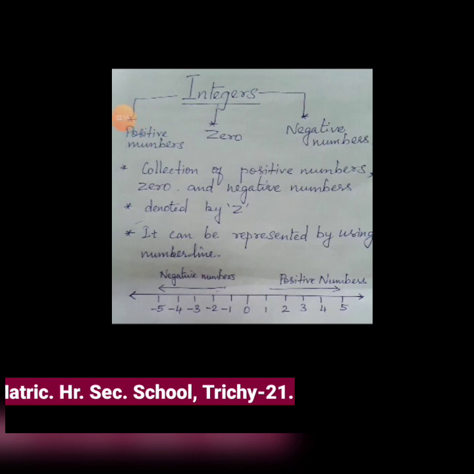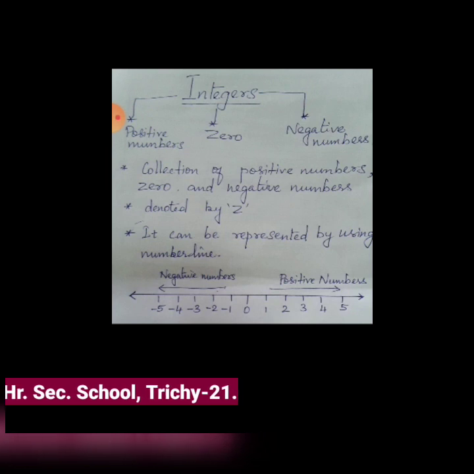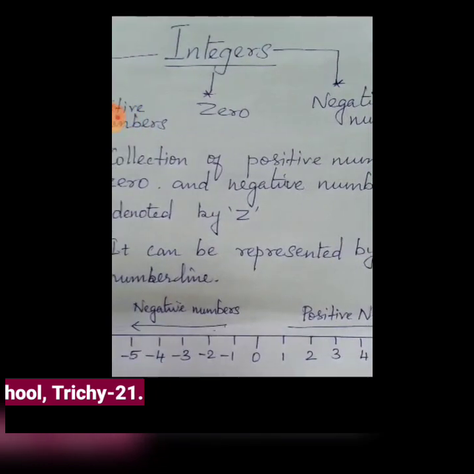What are integers? Integers are defined as the collection of positive numbers, 0 and negative numbers. It is denoted by capital Z.